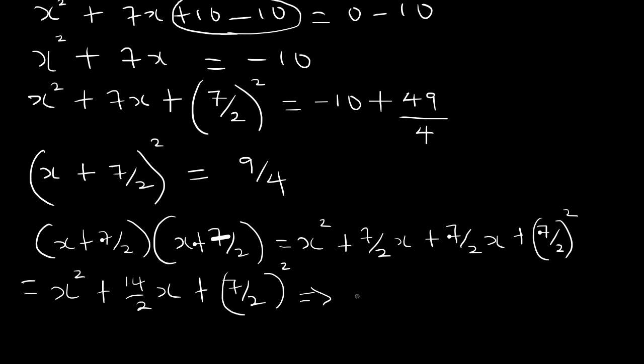So this will give us x squared plus, if we divide 14 by 2, we'll have 7x. And our 7 over 2 squared, if we open up the bracket, we'll have 49 over 4.